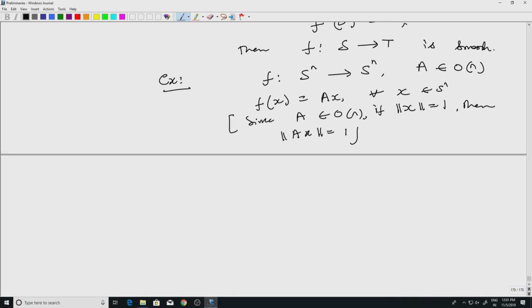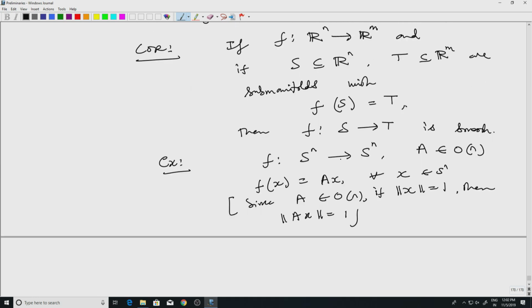But that's a bit inconvenient, since we have to use charts. The formula for the chart in this case is not that complicated, but still one can avoid all that just by using the corollary here.